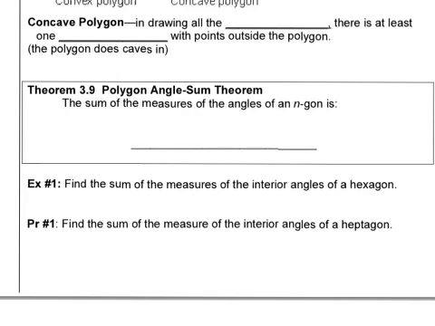Okay, this is where we left off. I think we finished after concave polygon, and we stopped right here and we did that activity. And from that activity, we should have discovered this theorem, 3.9, that the sum of the measures of the angles of an n-gon, so of a polygon with n number of sides, n meaning any number of sides, is actually the sum, meaning S, and we could put a little SI for sum of interior, is going to be 180 times n minus 2.